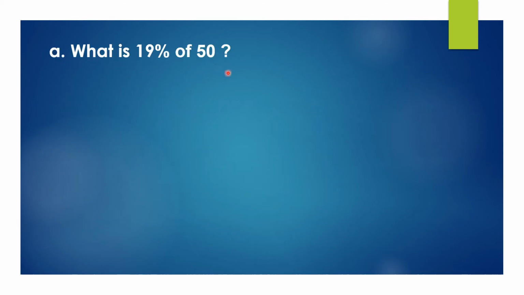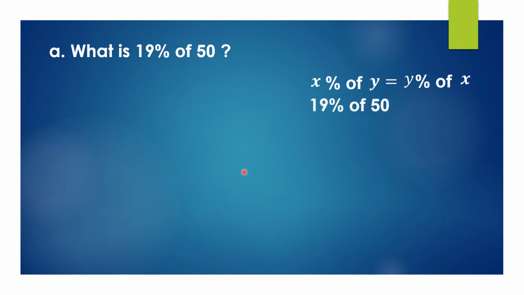What is 19% of 50? Using the previous rule, we will solve this problem. What did we see? X% of y is the same as y% of x. Here, 19% of 50 is the same as 50% of 19. We'll get the same answer. And we have seen in part 2 video that 50% as a fraction is half.